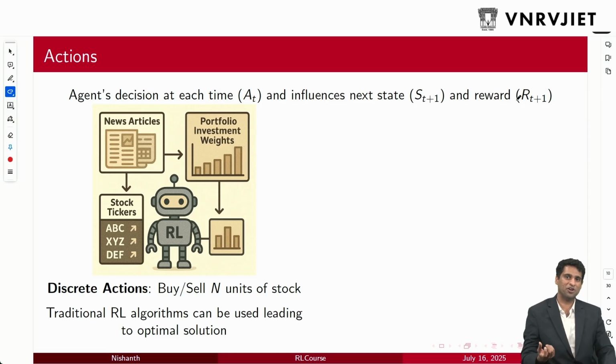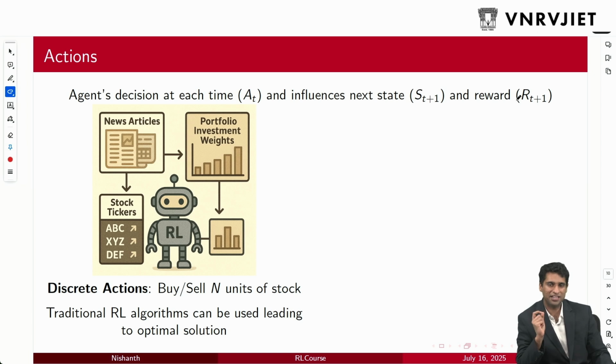Again, if we take the example of stock or portfolio management, the actions that an agent can take can be considered discrete actions. The agent can choose to buy two units of stock like Tata, or sell three stocks of some other company.